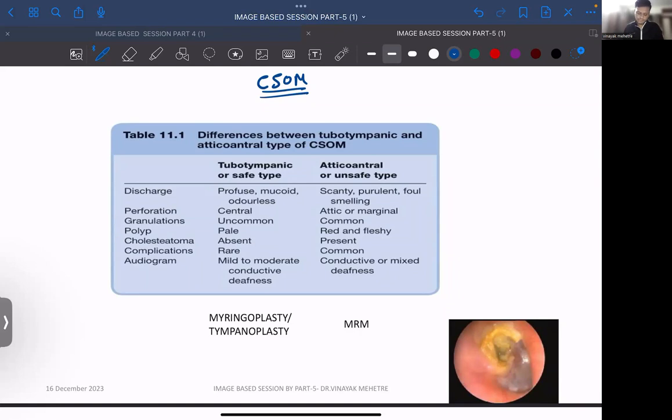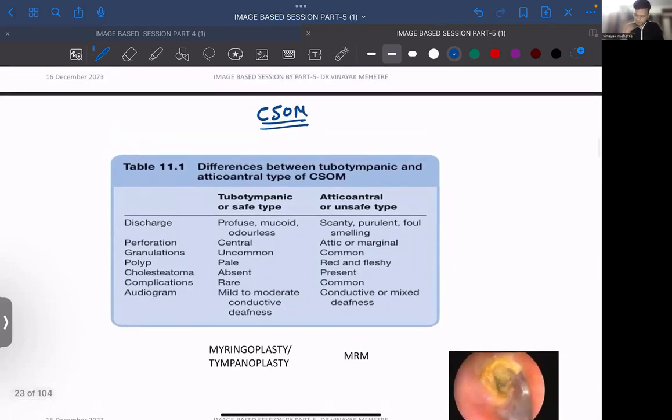If you draw a diagram, how many of you know the middle ear cleft? We have the mastoid with the largest air cell, which we call the antrum. Where does it open?